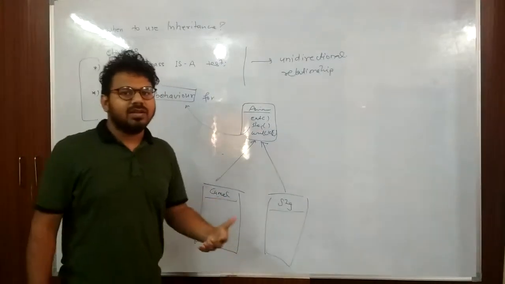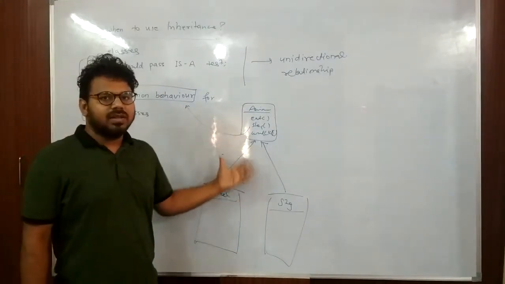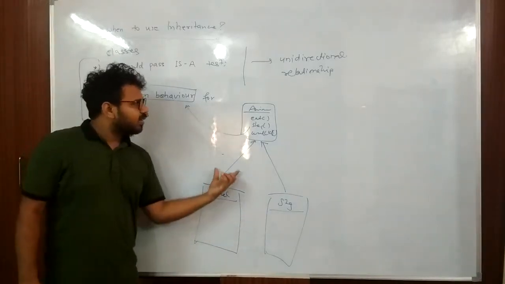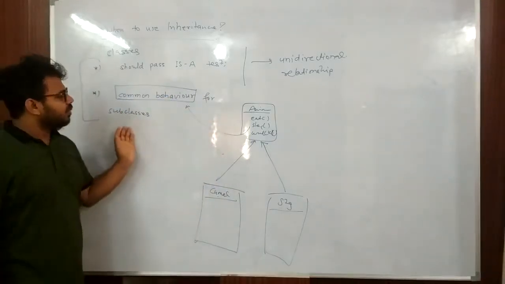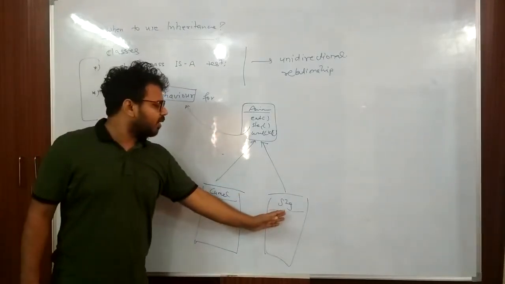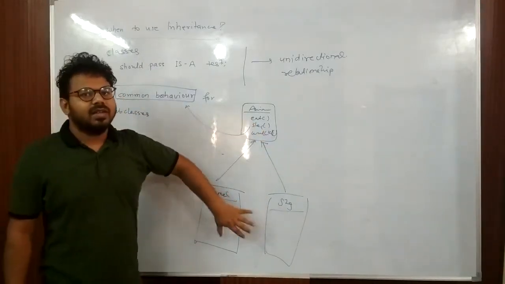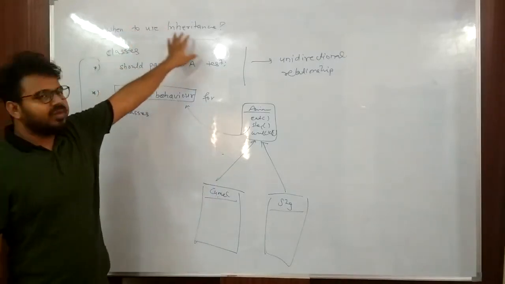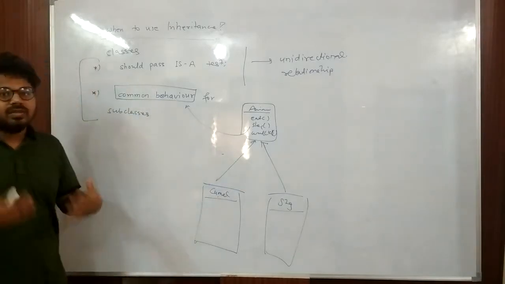Does it make sense to say that camel is an animal? Yes, it does. So it passes the first condition. The same applies for the stag: stag is an animal. So we can go for inheritance here, because it passes the IS-A test and it makes sense.